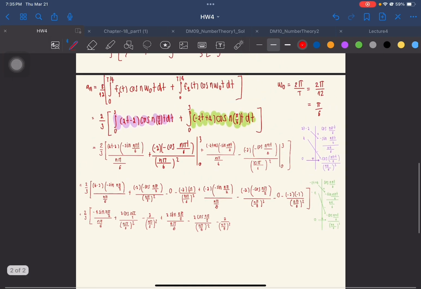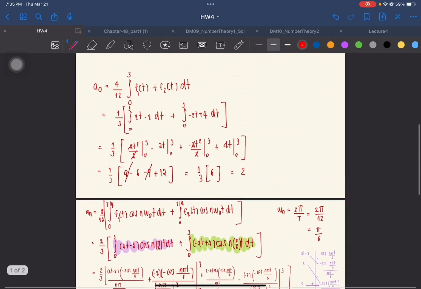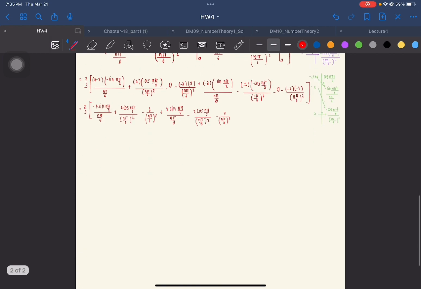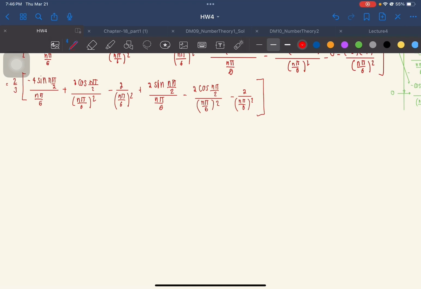Okay, we will get the formula of the Fourier series. The formula of the Fourier series is f(t) is equal to a0 plus the summation from n equal 1 to infinity of a n cos n omega naught t. Okay, a0 is 2 and the summation of n equal to 1 of a n.